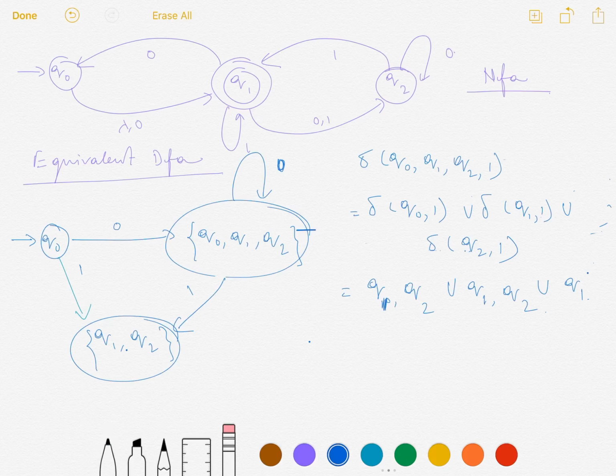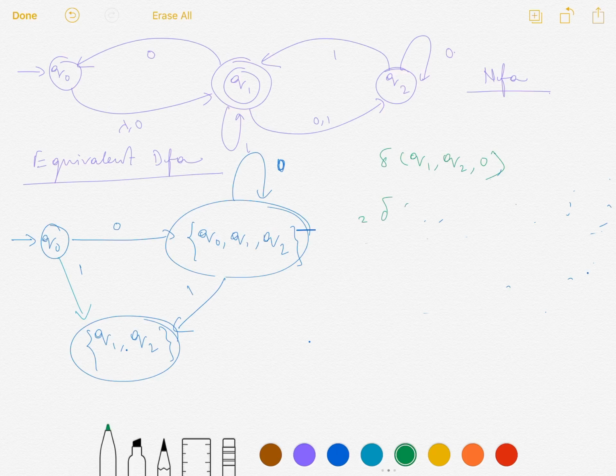Now, let us check for Q1 Q2. Delta Q1 Q2 0 is delta Q1 0 union delta Q2 0. For delta Q1 0, it is going to Q0, then if I consider 0 lambda, it comes back to Q1, and if I give 0, it is going to Q2.